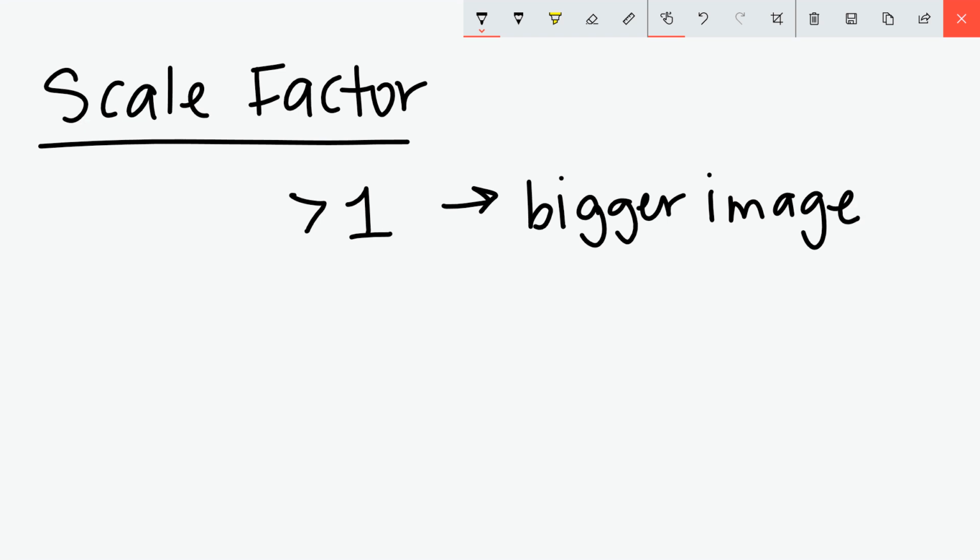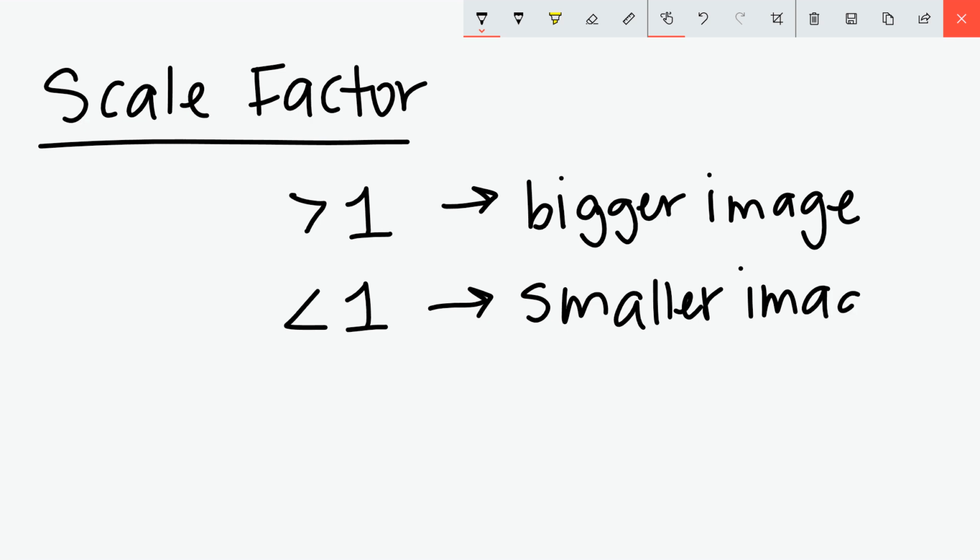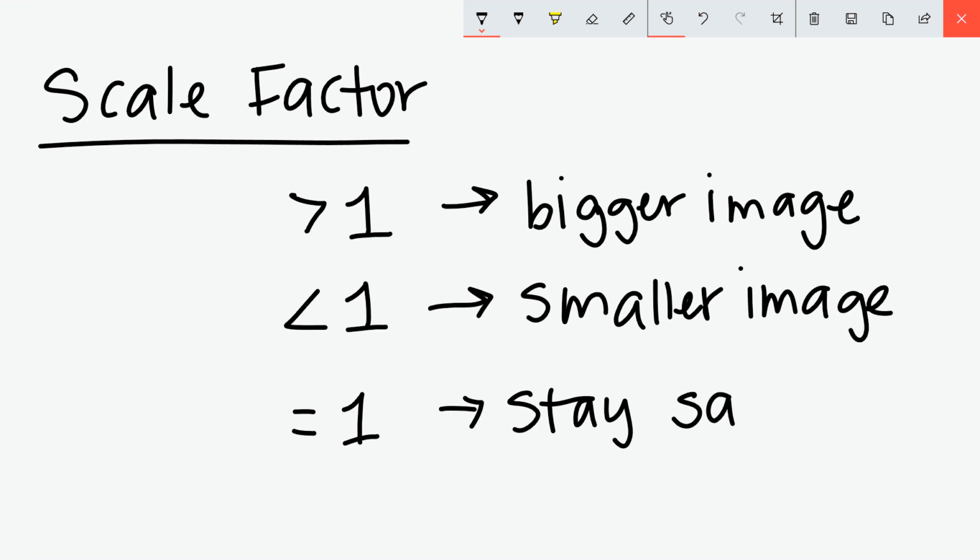If your scale factor is less than 1, remember that scale factor can also be represented as decimals or fractions, but not negative numbers, we're going to get a smaller image, a reduction. And if our scale factor is exactly 1, it's going to stay exactly the same, because if you multiply any number by 1, it's still that same number.